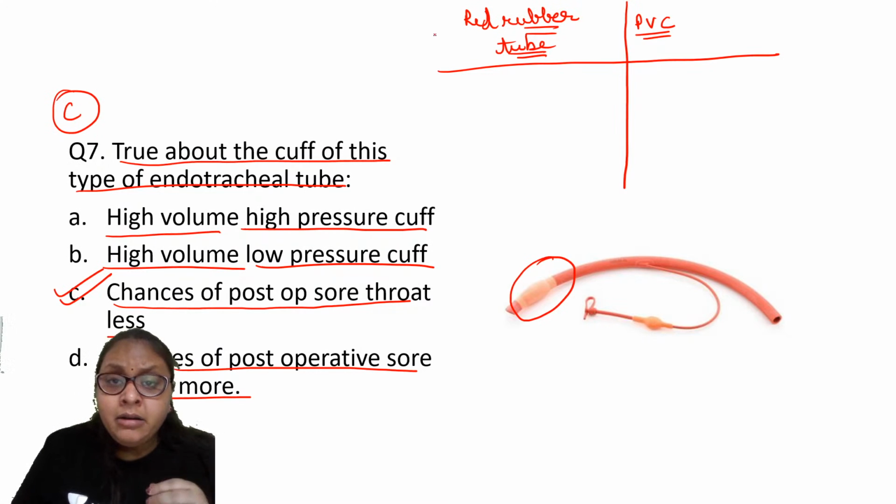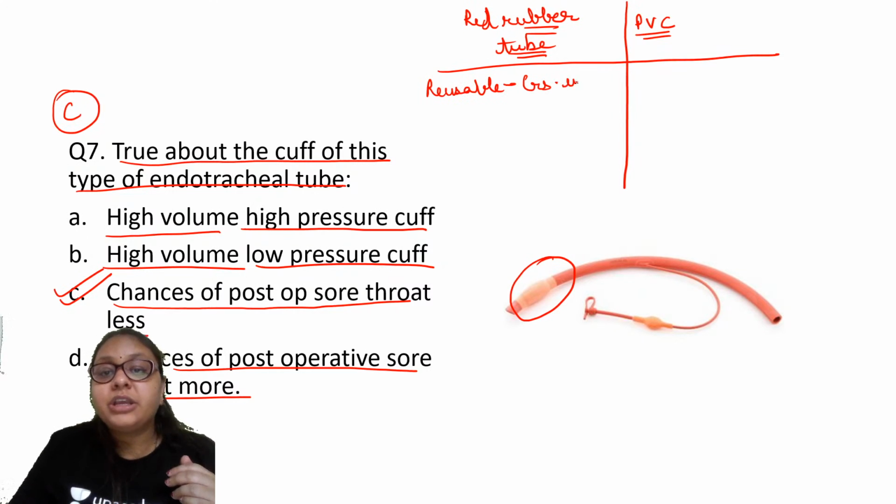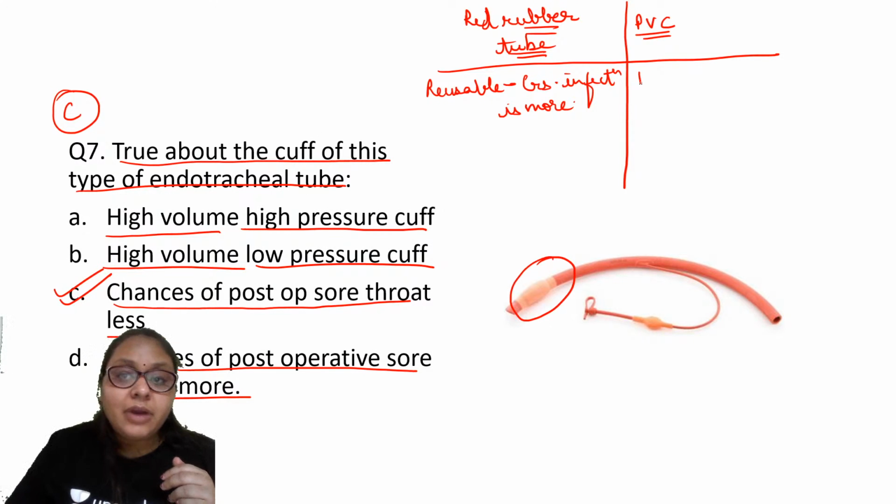Now, the red rubber tube is reusable, and therefore the chances of cross infection are more. Whereas polyvinyl is one time use and therefore there is no chance of cross infection.